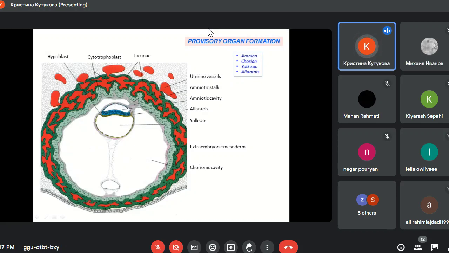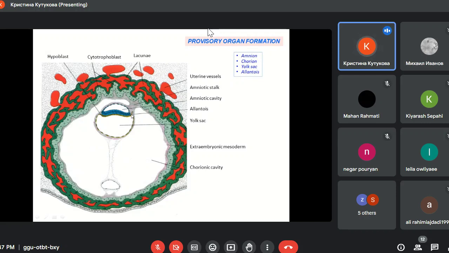So this bubble just above the embryo is called the amnion, and the cavity inside it is called the amniotic cavity. Just below the baby we have the other bubble with its cavity. It is the yolk sac. This cavity is the yolk sac cavity.